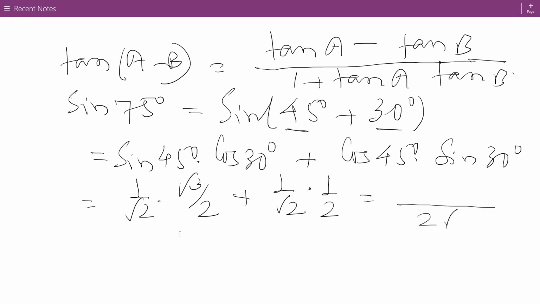LCM is 2 root 2 and root 3 plus 1. This is the value of sin 75 degree.